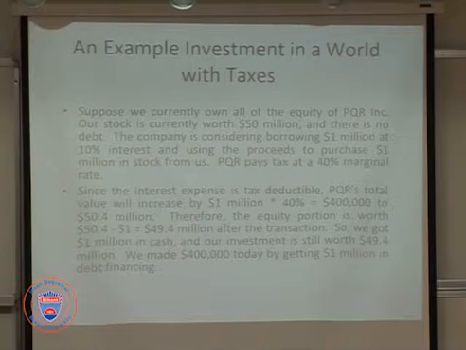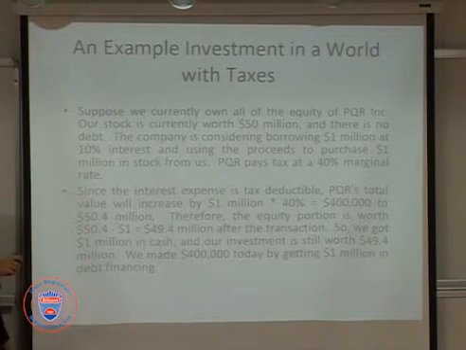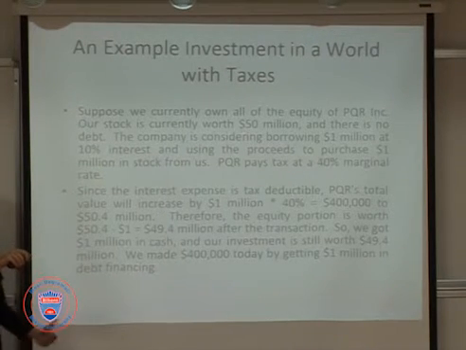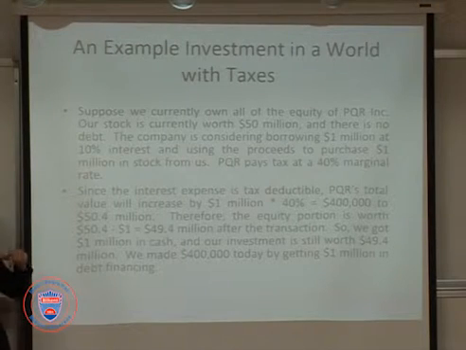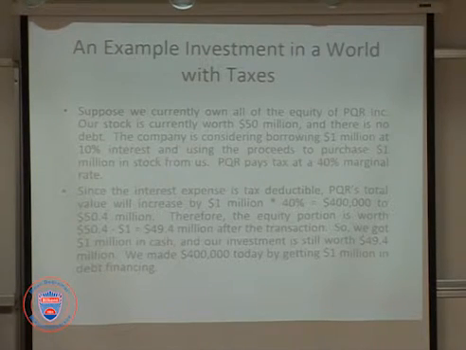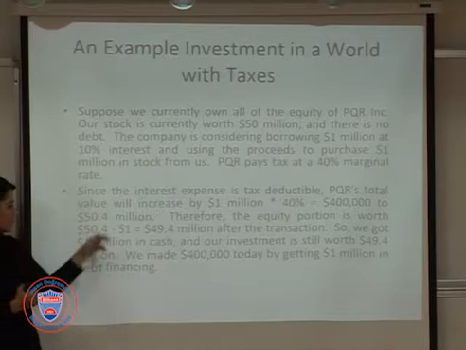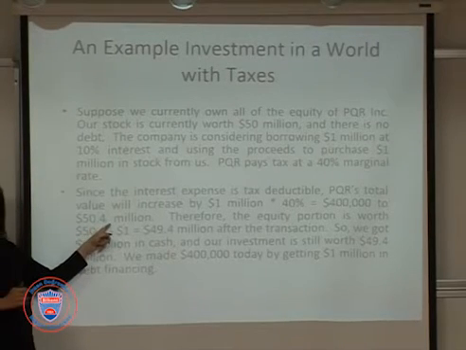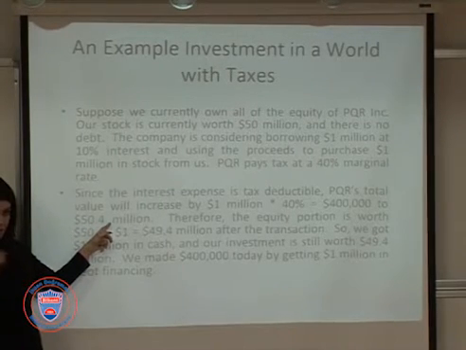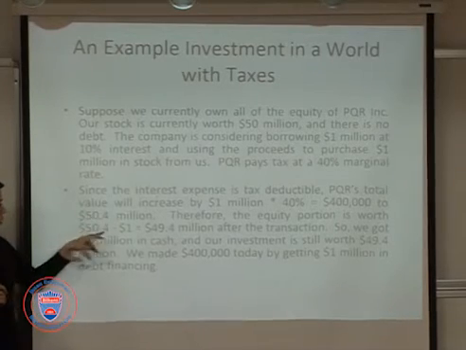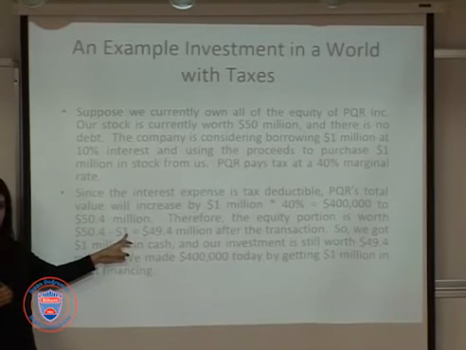So what was the previous value of the company? It was 50 million. So you add 0.4 million to your 50 million. So you increase the value of the firm by that. So it's going to be $50.4 million. I increase the value of the firm. 1 million is debt.